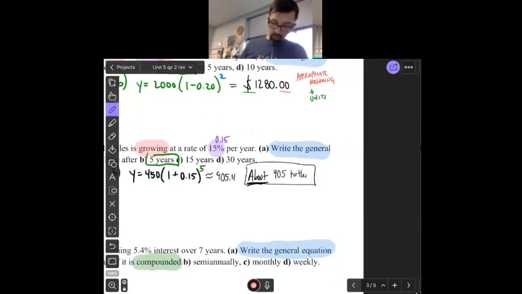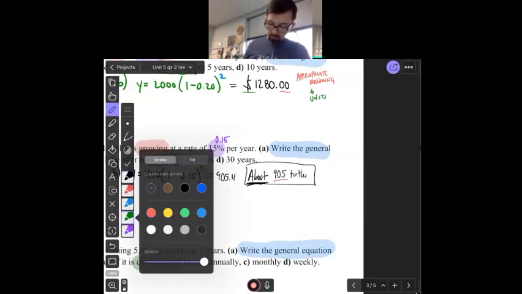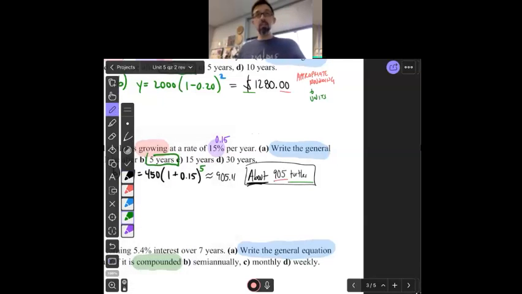So appropriate rounding and units, okay? And because we are rounding, we use one of these words: about, around, approximately.